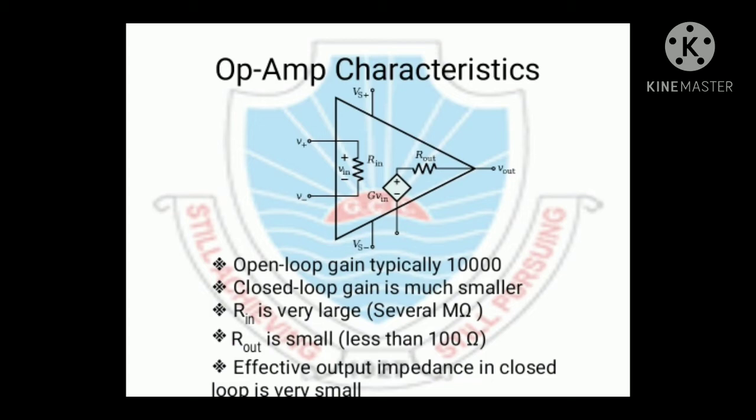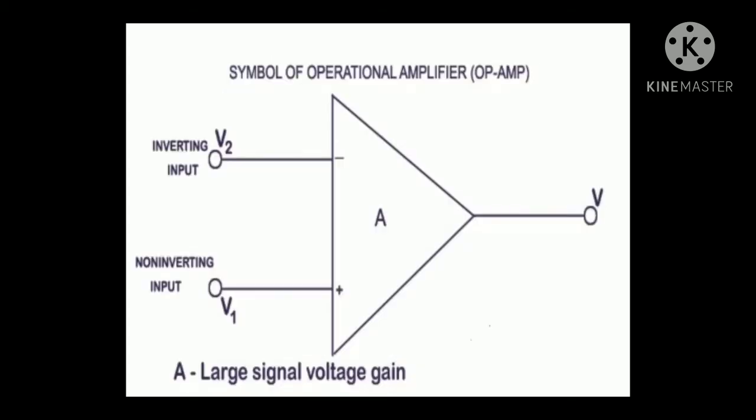So let us now see how we represent it. That is, what is the symbol of operational amplifier. It is shown by this triangle type of drawing. It has two inputs.